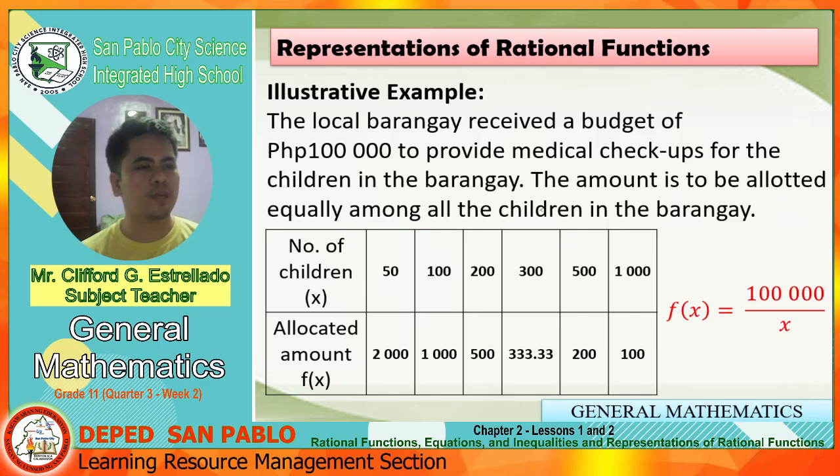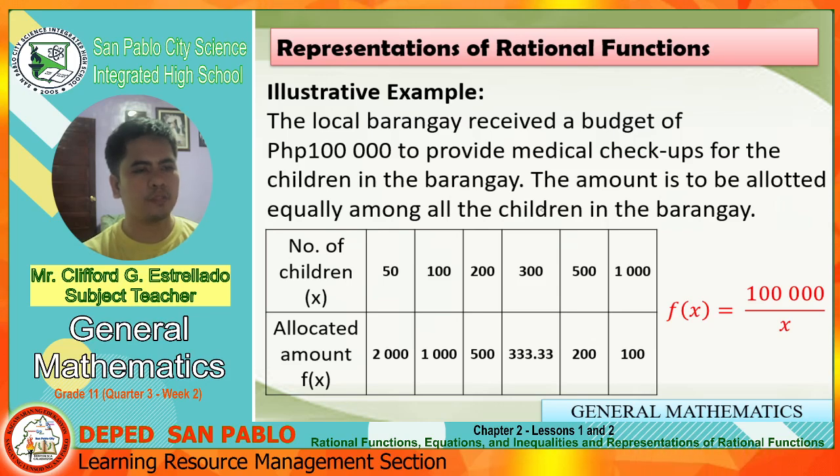If the number of children is 100, meaning x is equal to 100, so using our equation, f of x is equal to 100,000 divided by 100, so we have 1,000 pesos as the allocated amount. If the number of children is 200, we have f of x is equal to 100,000 divided by 200, so we have an allocated amount of 500 pesos.